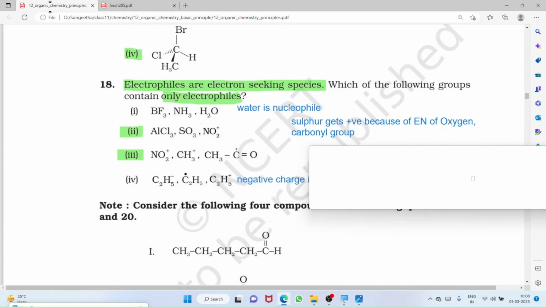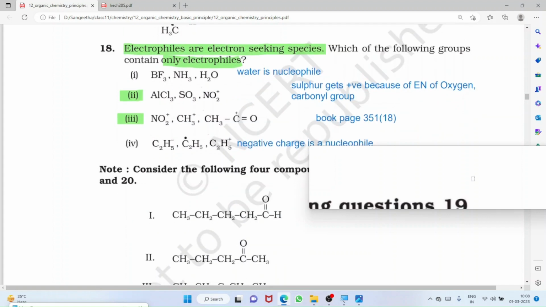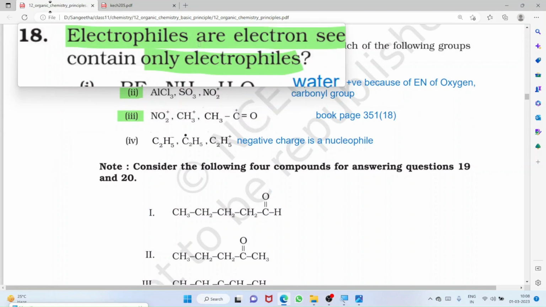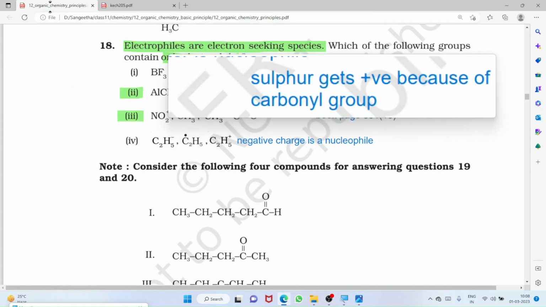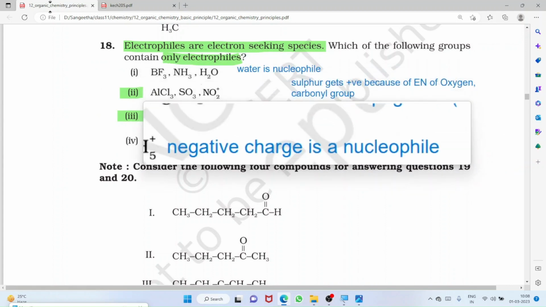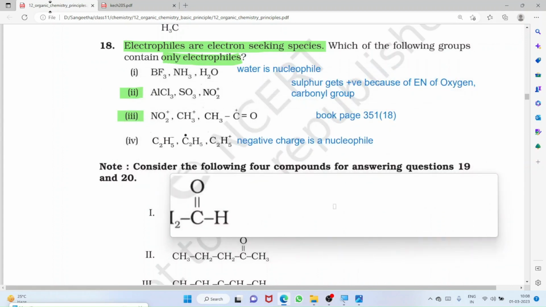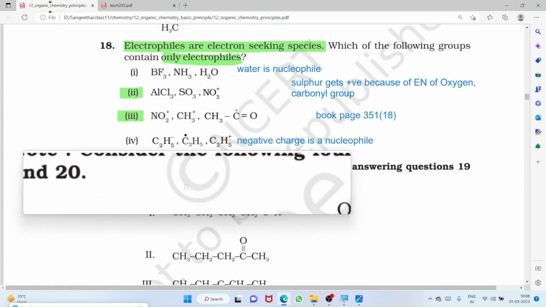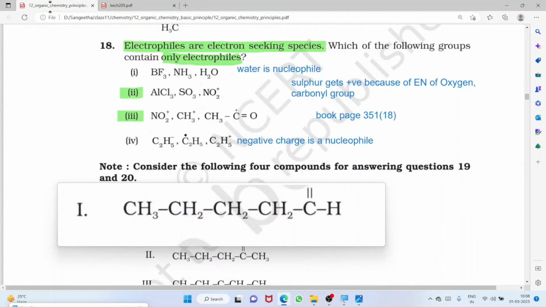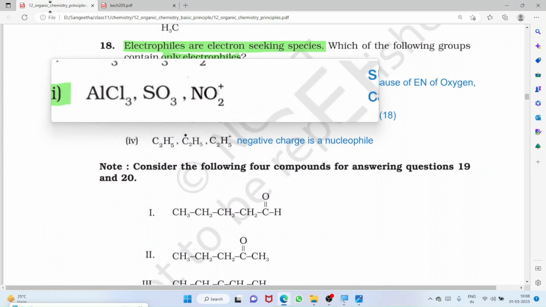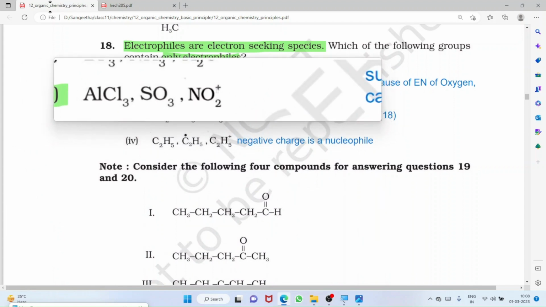Electrophiles are electron-seeking species, that is electron lovers. Which of the following groups contain only electrophiles? Water is a nucleophile. Electrophile means electron loving, so the positive charge here will love the electron.